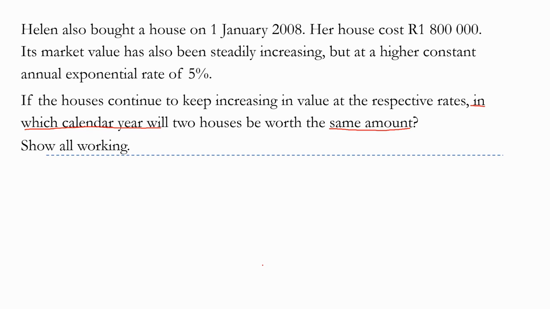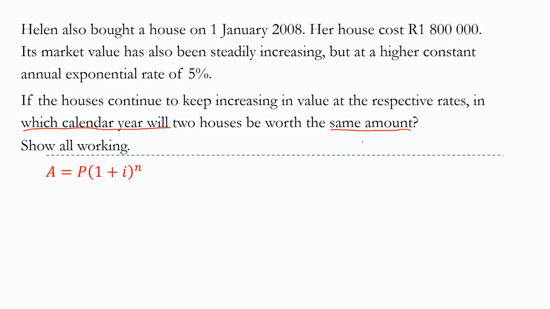Okay, remember how we solve simultaneous equations? We can solve simultaneous equations by substituting, by elimination, or by equating. So we're going to have the component for Helen and then the component for John, and then we equate those and then we solve for N.